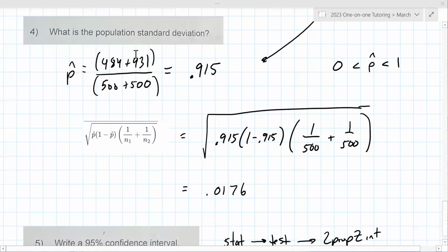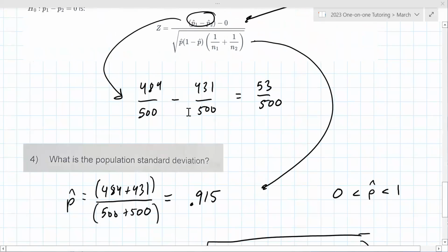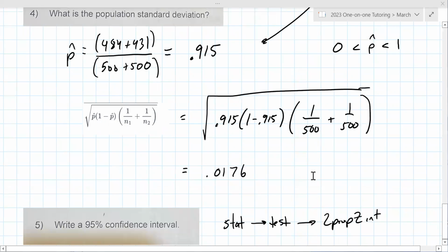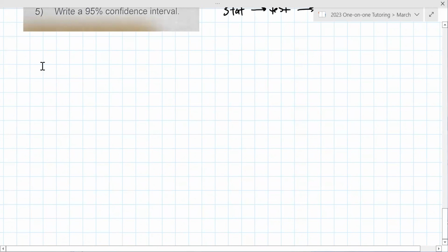Your x1 is this 484 over 500 for n1, x2, and n2. Your C level is 0.95 in this one. Okay, so go ahead and calculate that. Let me know what you come up with. I got 0.07617 to 0.13583.